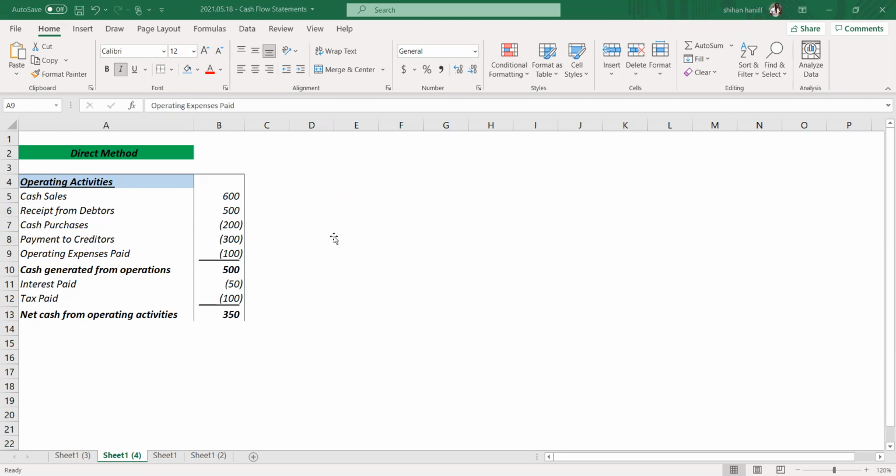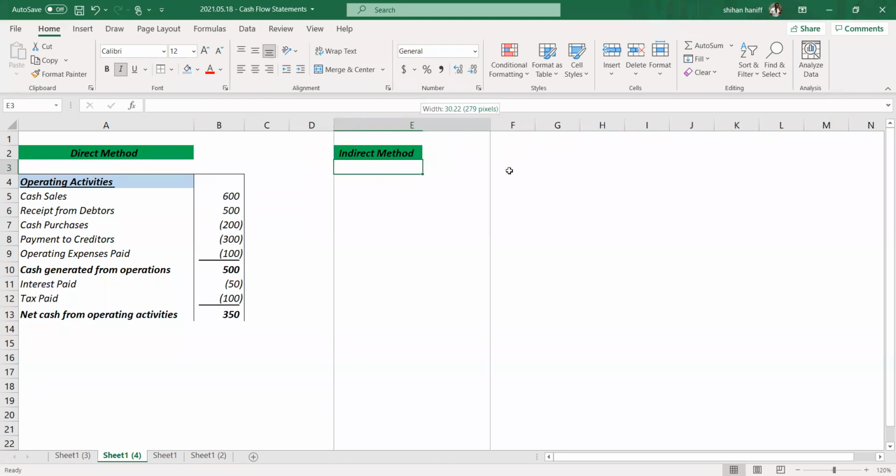And mainly we have to prepare the trade receivable account, trade payables account, and the expenses account. I'll explain from the example. The second one is indirect method.